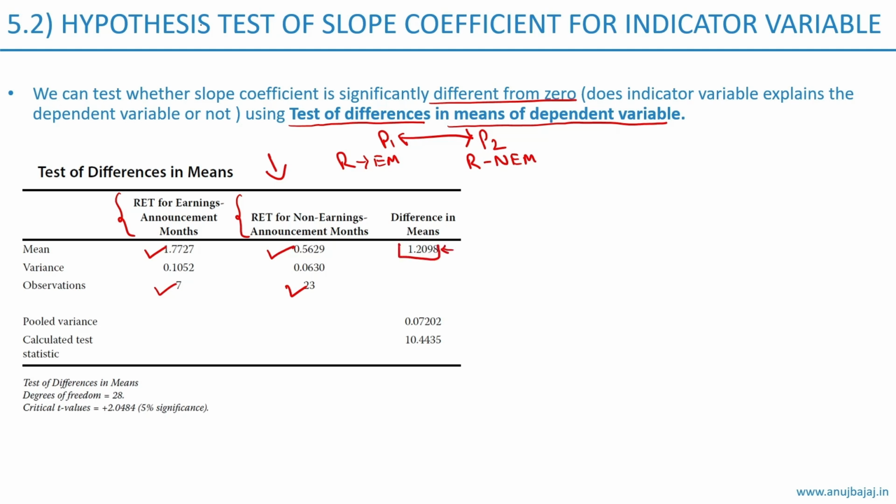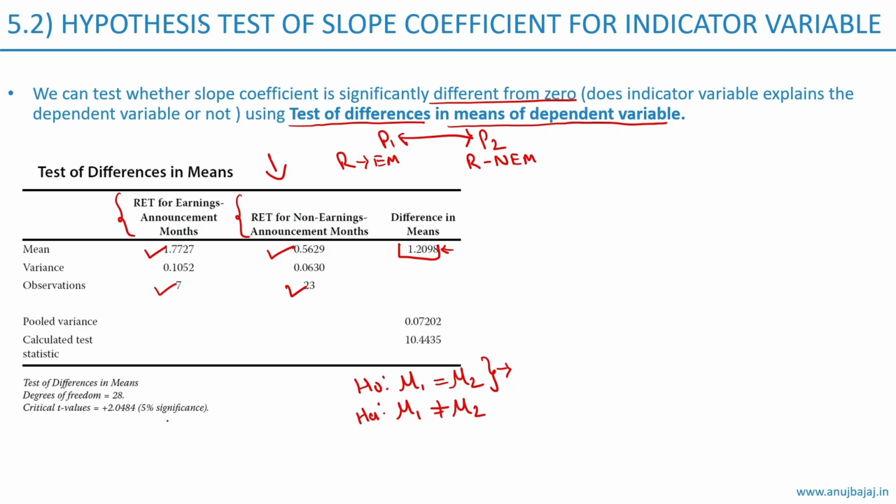So we conduct a hypothesis test to check whether the difference in the population mean is equal to 0 or different than 0. So the null hypothesis is population mean 1 equals population mean 2. Alternative hypothesis is population mean 1 not equal to population mean 2.